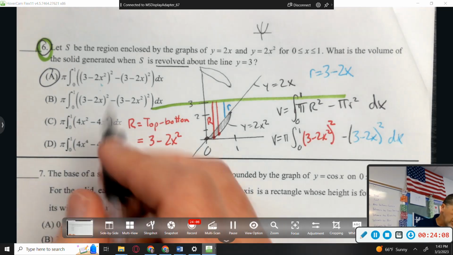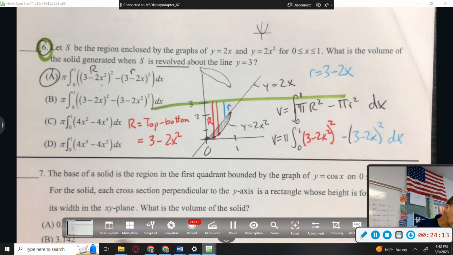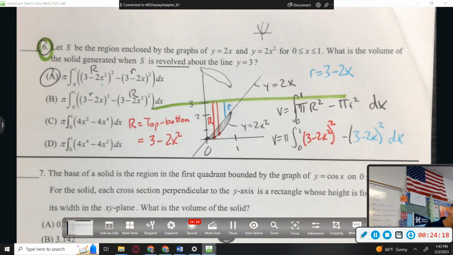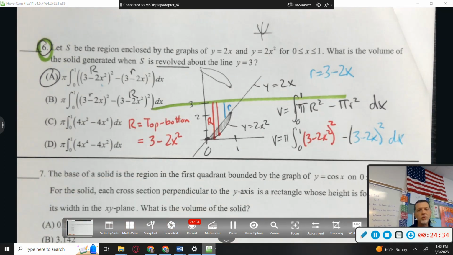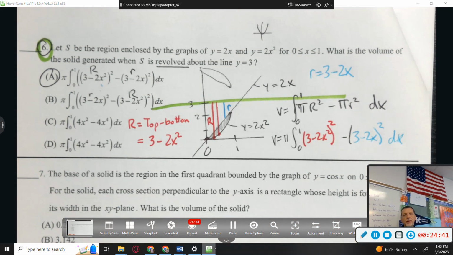Yeah. Answer choice B got big R and little r confused, which would catch some people out. And I'm not sure what C and D are doing. Oh, they're squaring. If they say one of those is R and they just square that. That's where those would come from, but those people have left off the 3 or forgot about the 3.